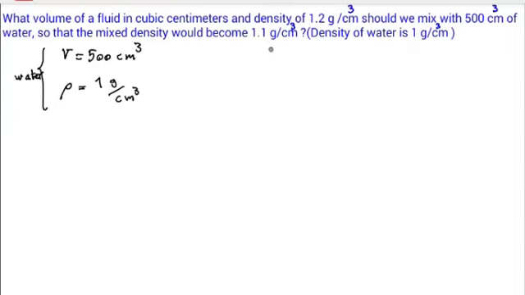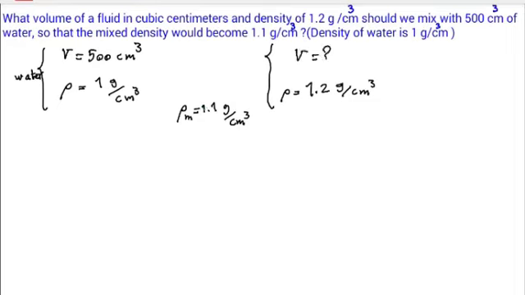And for the unknown fluid, its density is 1.2 grams per centimeter cubed, and its volume is unknown. But the mixed density is given. The mixed density is 1.1 grams per centimeter cubed. So we need to find the volume of the fluid.